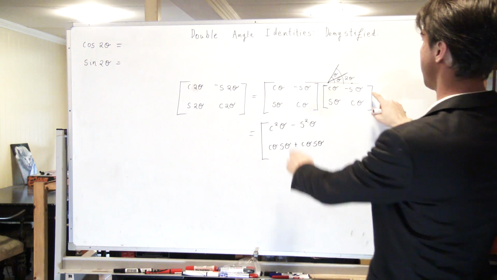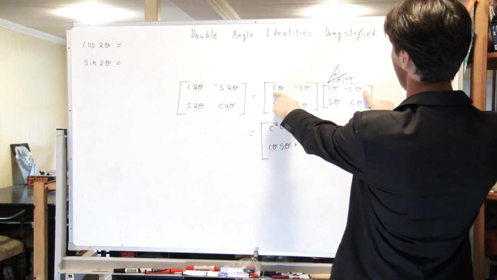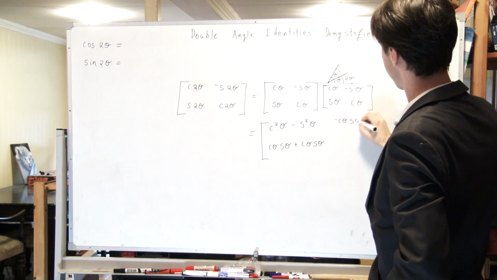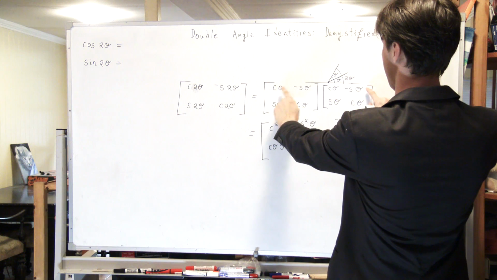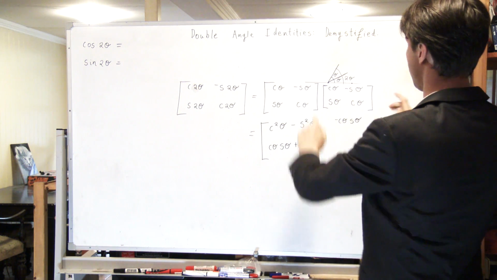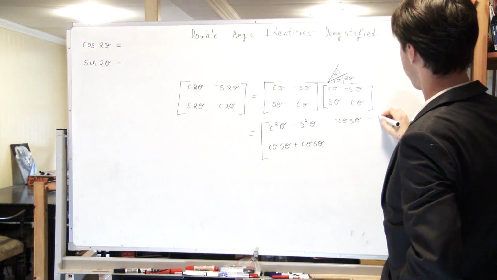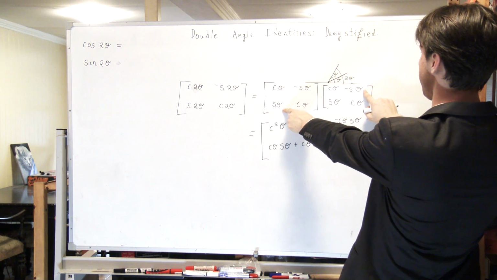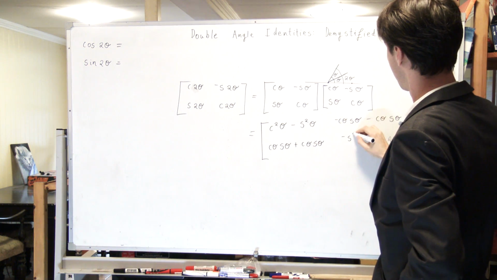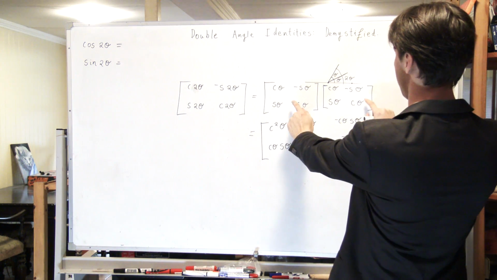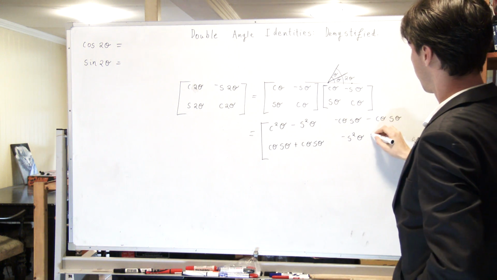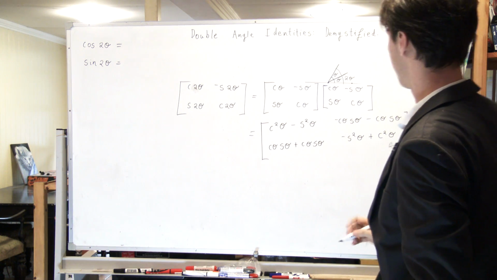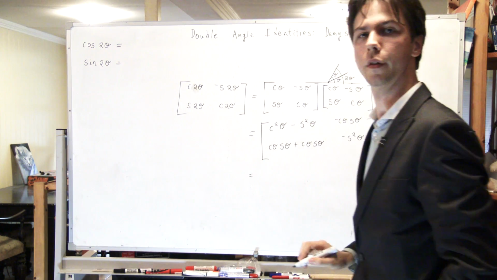Then we go cos theta times negative sine theta, and then negative sine theta times cos theta. Then we have negative sine times sine, and cos times cos. This also simplifies.